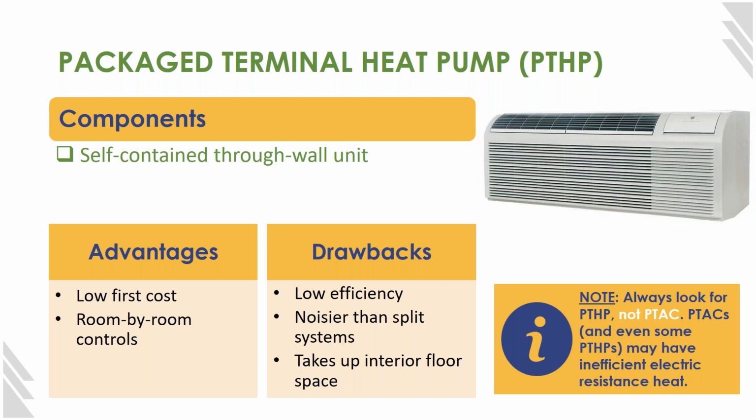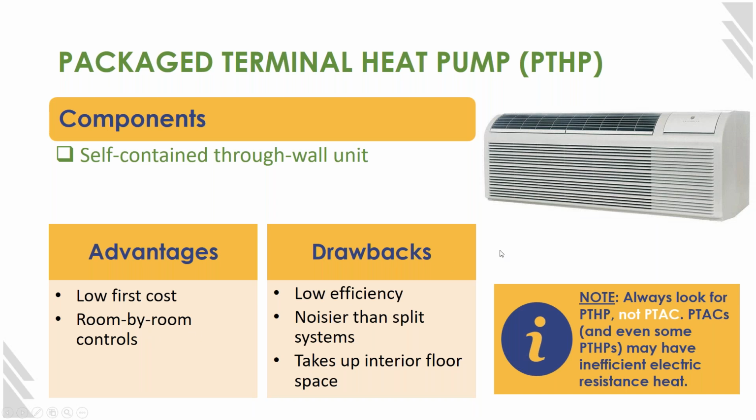It's got all of the refrigerant-containing components. It's got the fan coil. In many cases, the controls are right here on the unit itself. So there are some advantages to this. One, it's very low first cost, and often these are sized for doing room by room heating and or cooling, and so you can control them room by room.